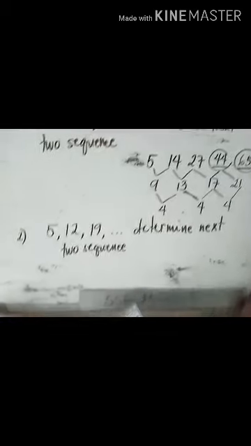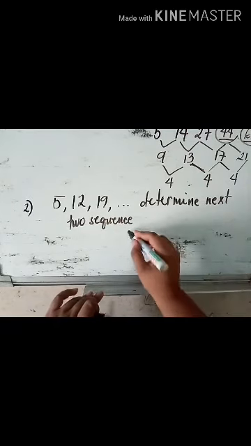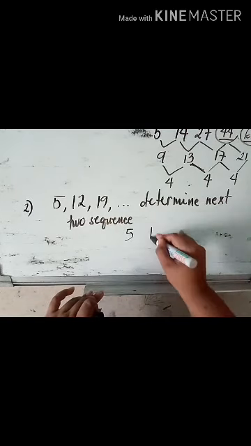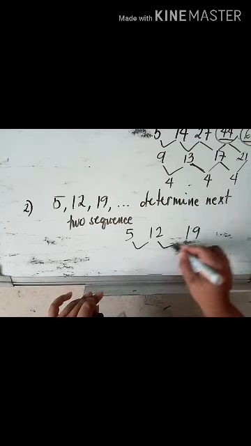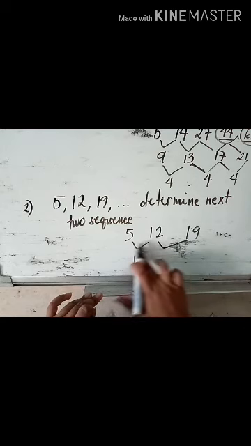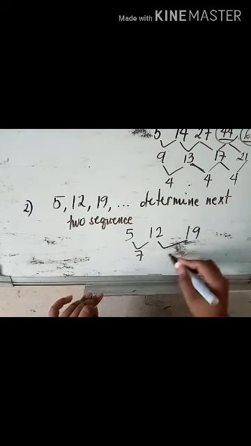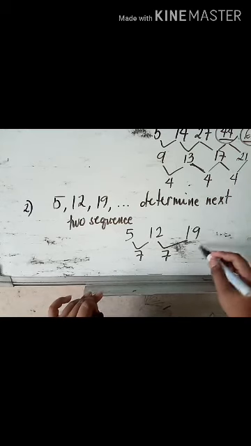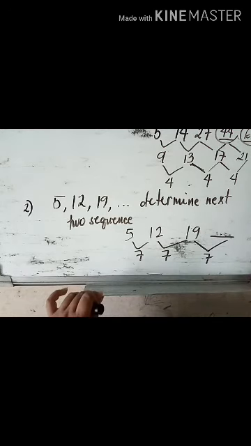Now, for this example number 2, let's write again. Let's get the common difference. It added 7 here, so 19 minus 12 is 7. It means that we also add 7 to find the next term.